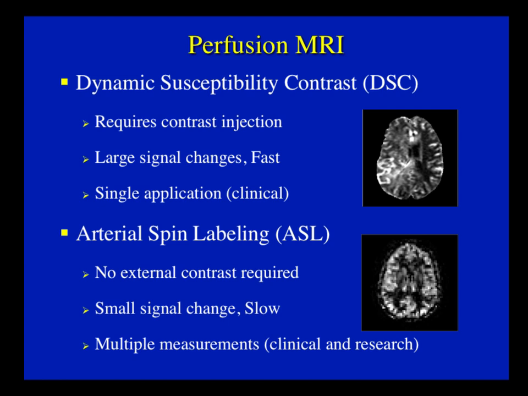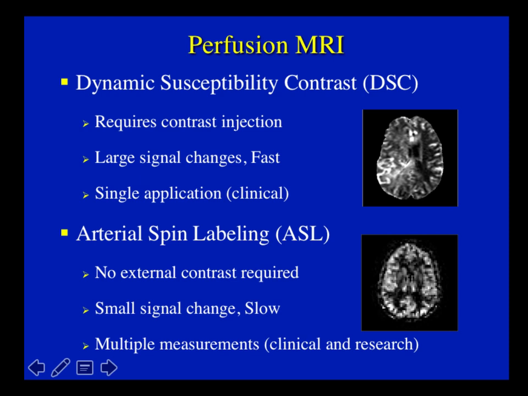As I mentioned, there are two main techniques to do perfusion MRI these days. This is just a quick comparison of the two techniques. In the dynamic susceptibility contrast technique, we use external contrast agents like gadolinium, so this requires a contrast injection.